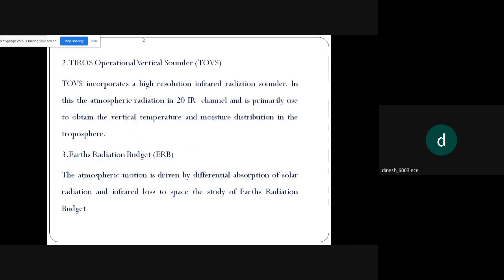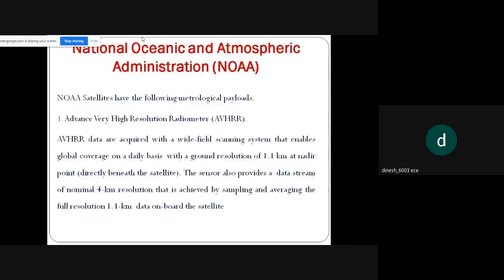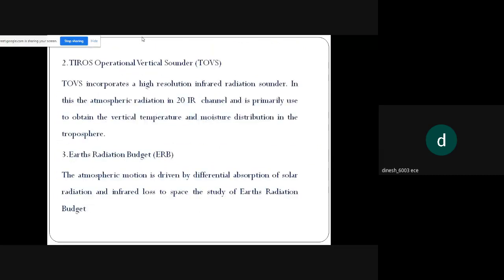We have another meteorological payload, which is the TIROS Operational Vertical Sounder, which we shortly write as TOVS.